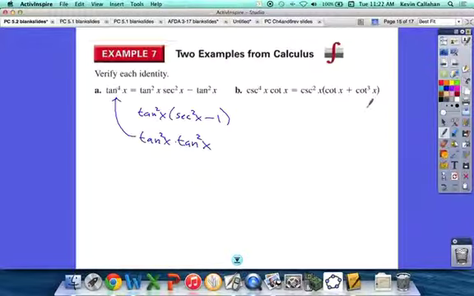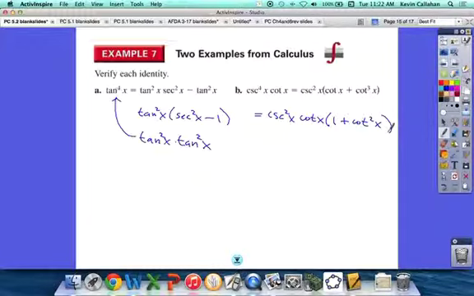What's the common factor? There's 1 cotangent, right? So this would look like cosecant squared x cotangent x times 1 plus cotangent squared x. All right, just factor out the cotangent.